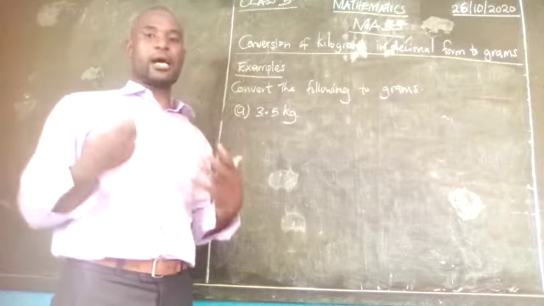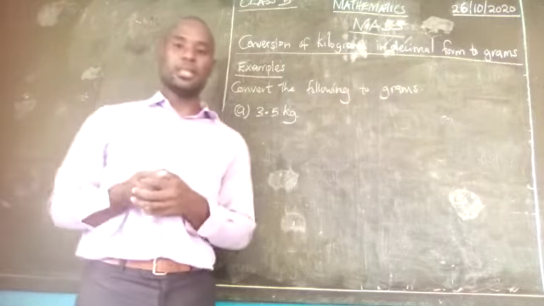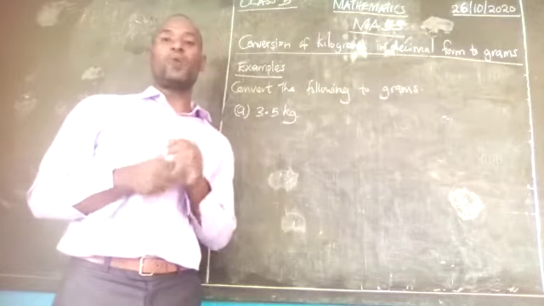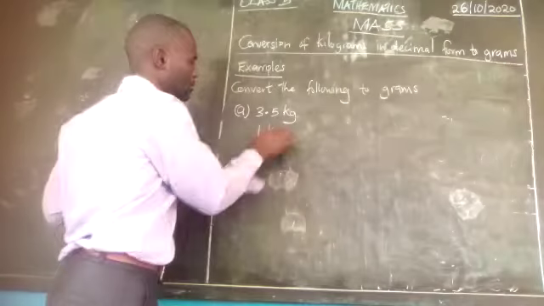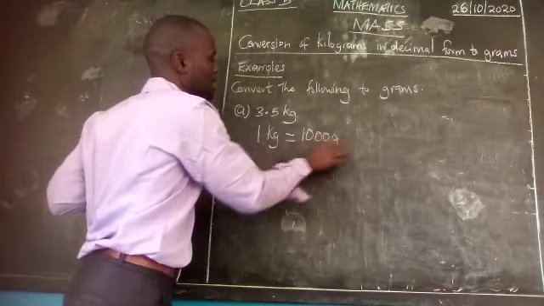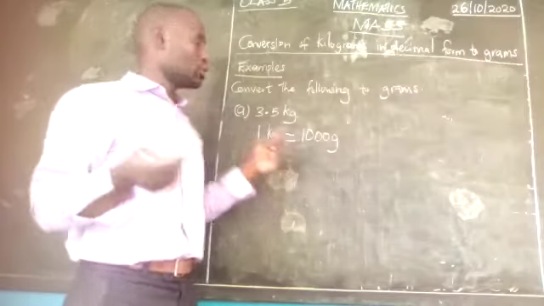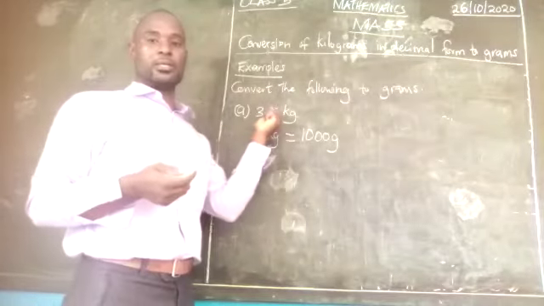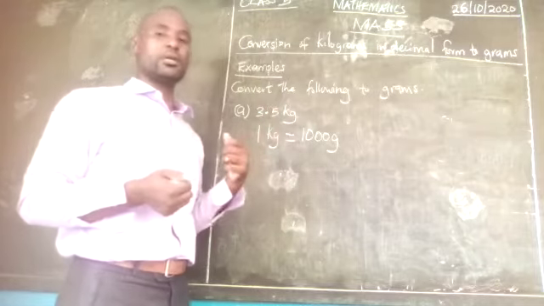So here you are supposed to remember that 1 kilogram is equal to 1000 grams. So we shall say 1 kilogram is equal to 1000 grams. So what will you do so that you convert or change 3.5 kilograms to grams?